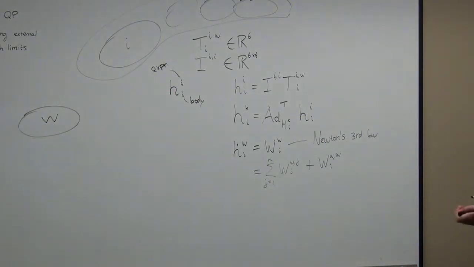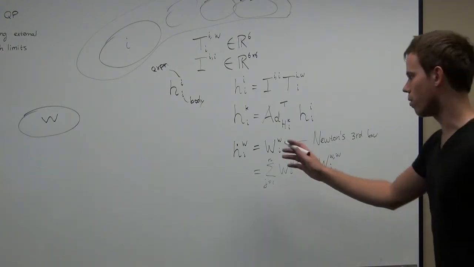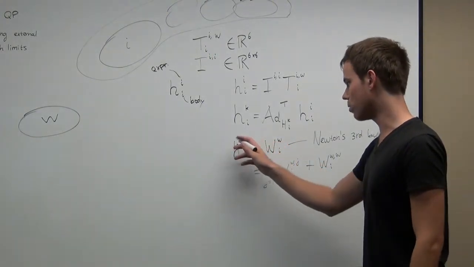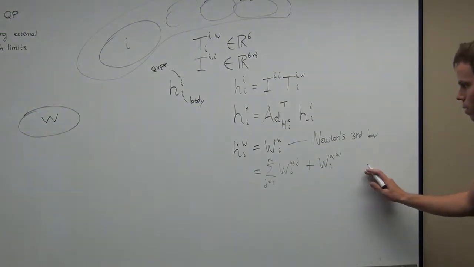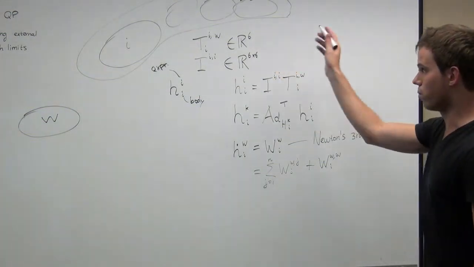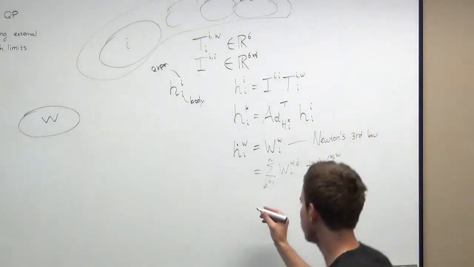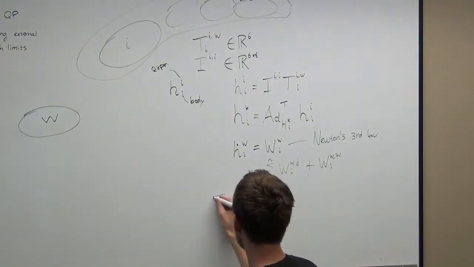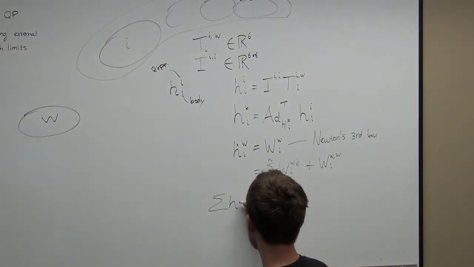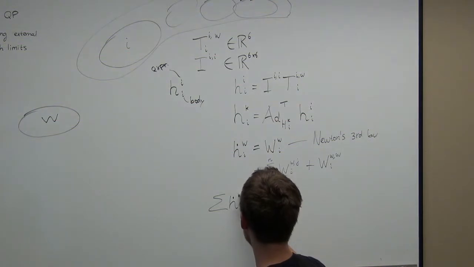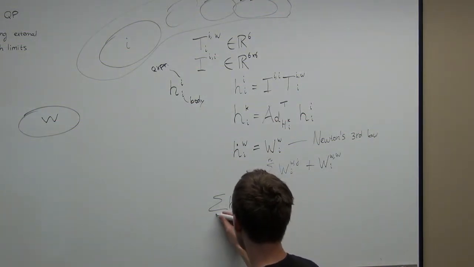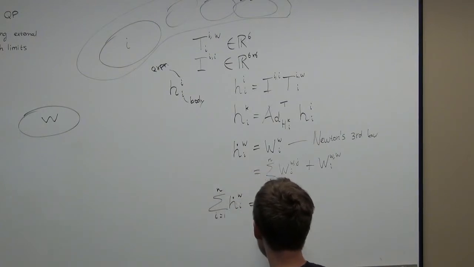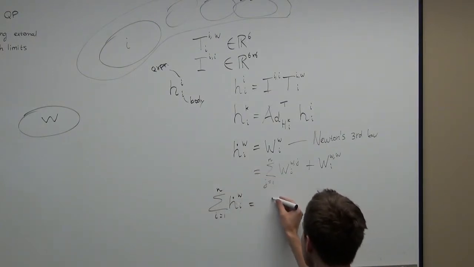But if we sum up the rate of change of momentum for all of the N bodies in this thing we call the robot, we get this. Sum of H dot W, I equals 1 to N. So it's a double summation.